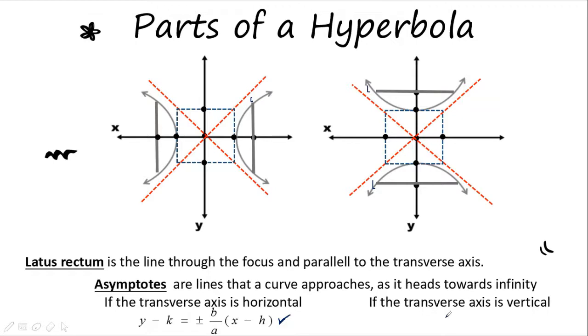The second one is if the transverse axis is vertical, we have the formula y minus k equals positive or negative a over b times x minus h. The difference between the two is that a and b are interchanged, aside from the transverse axis.